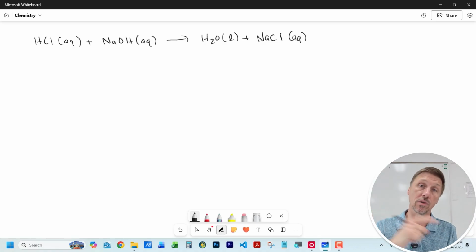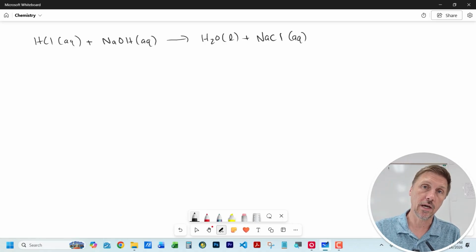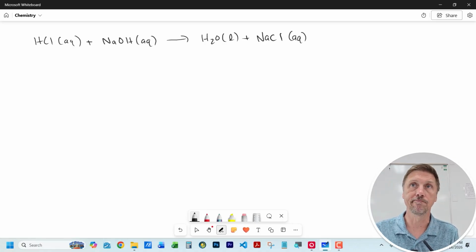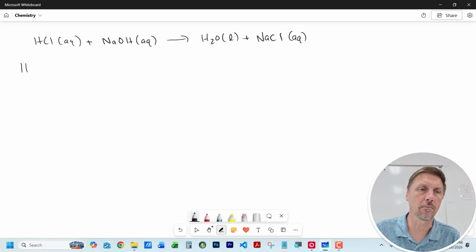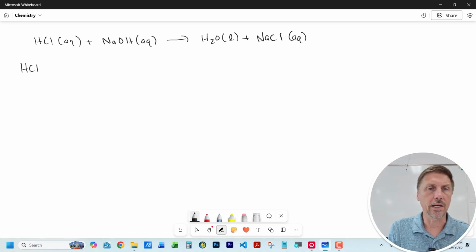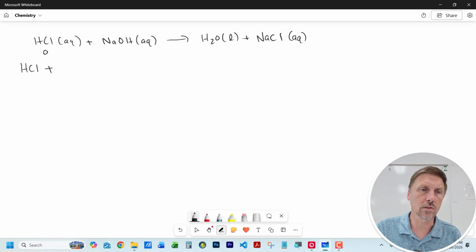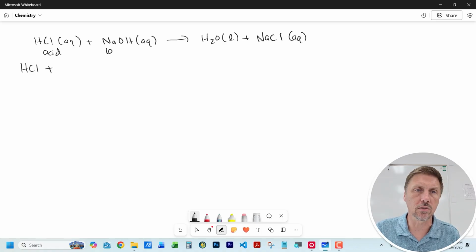We're looking at which one's donating the hydrogen ion or the proton, the H plus ion, and we're trying to figure out which one's receiving the H. In order to see this more clearly, I'm going to rewrite this. This is our acid, like we said, and this is our base, and you can see it a little clearer if we break up our base into its individual ions.